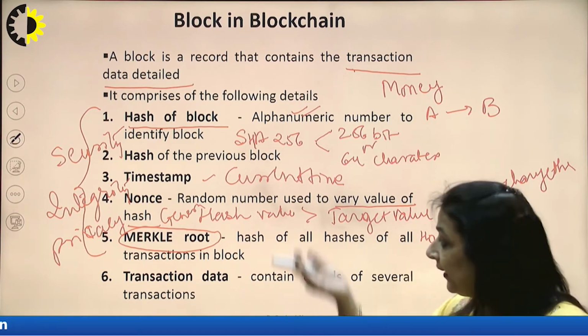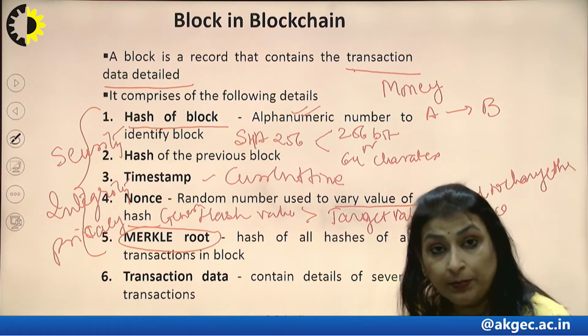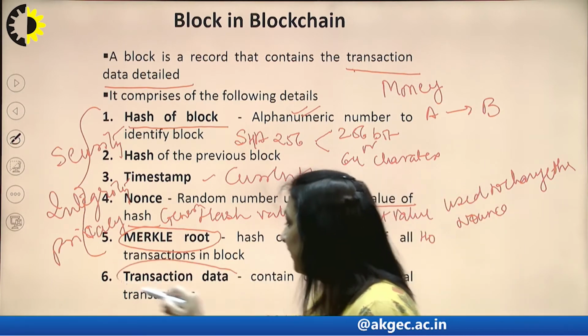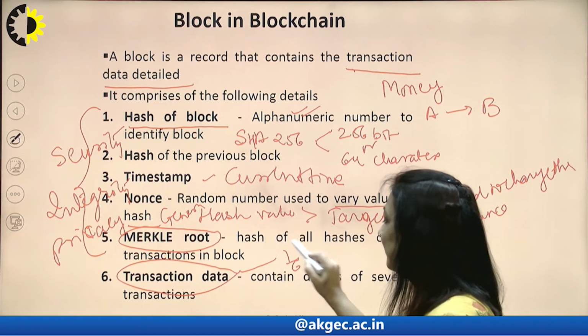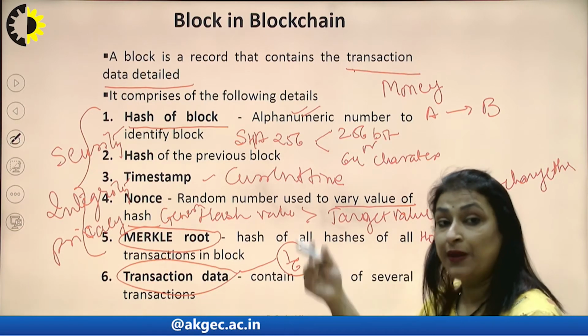See, if I take it as equally likely for all these 6 details which are there in the block, then the transaction data would be 1/6. So each has 1 part, 1/6 for each.